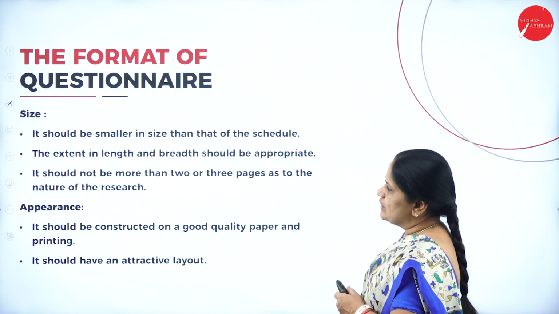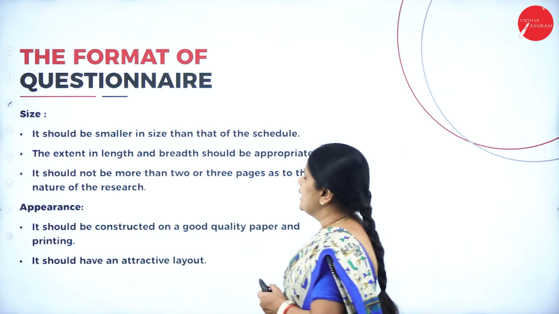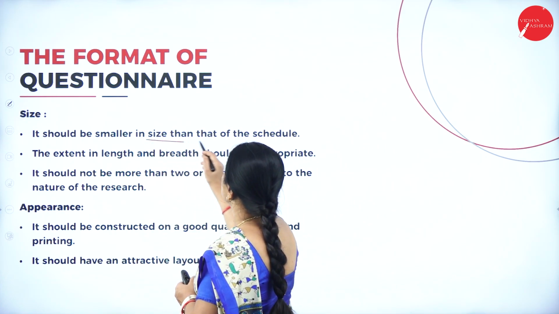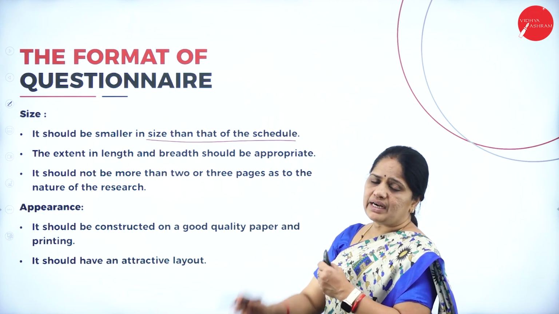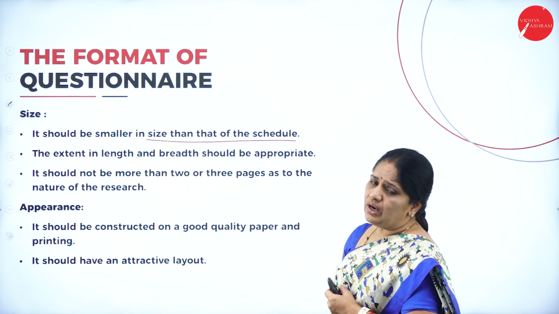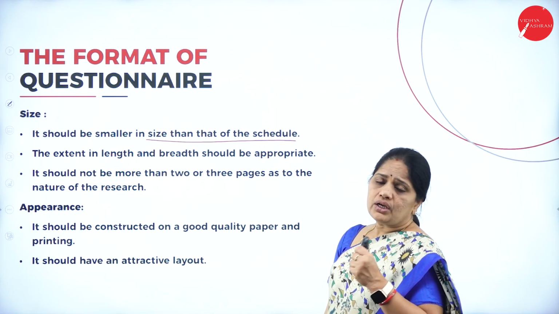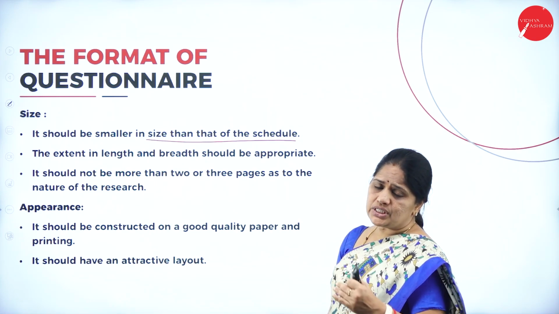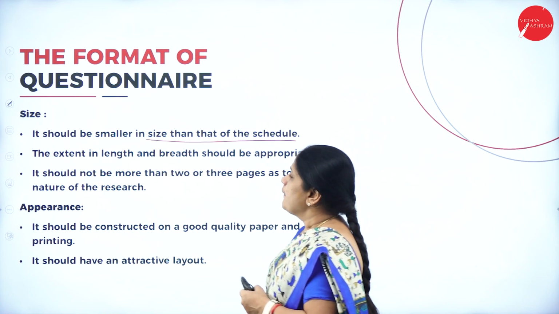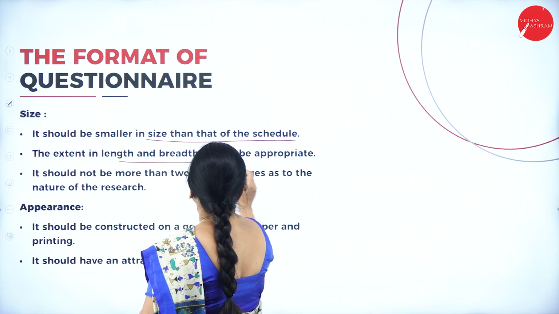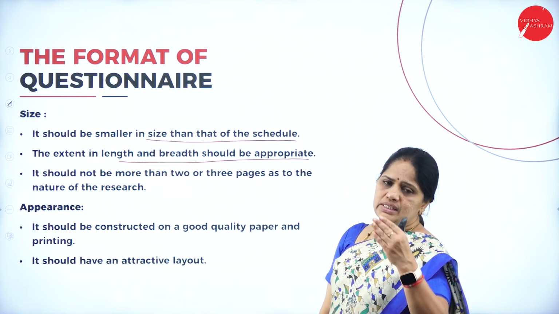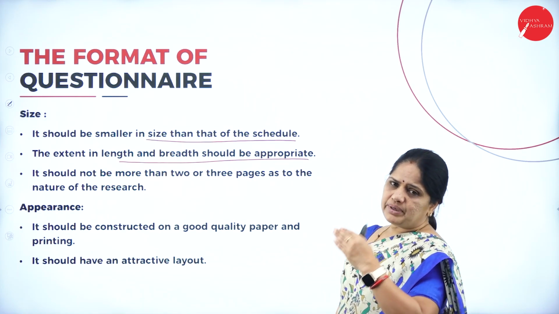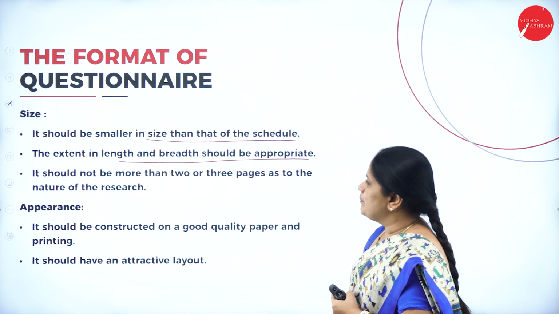Next, the format of the questionnaire. First one, it should be smaller in size than that of the schedule. So, in case of a schedule, you have a very long schedule. But in case of a questionnaire, the number of questions should be smaller. The extent in length and breadth should be appropriate.